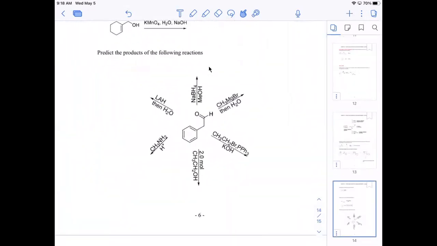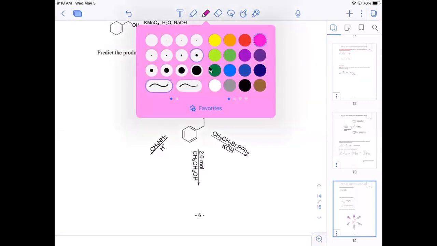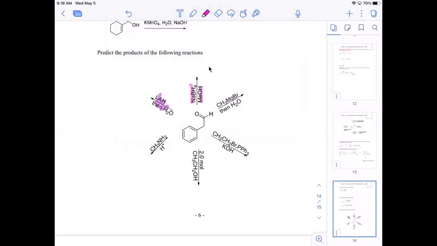All right, so let's look at these two reactions right here. Both of those reactions will be considered reductions. You can see that LAH, then H2O. And the other case is sodium borohydride followed by methanol, which is also a proton source. So let's predict the products. What will we get from this aldehyde if I treated it with LAH?